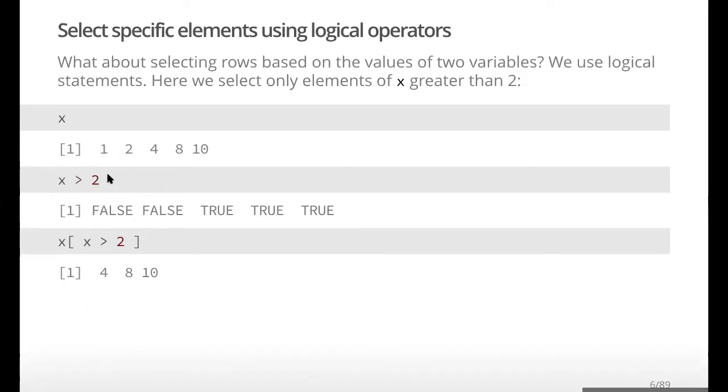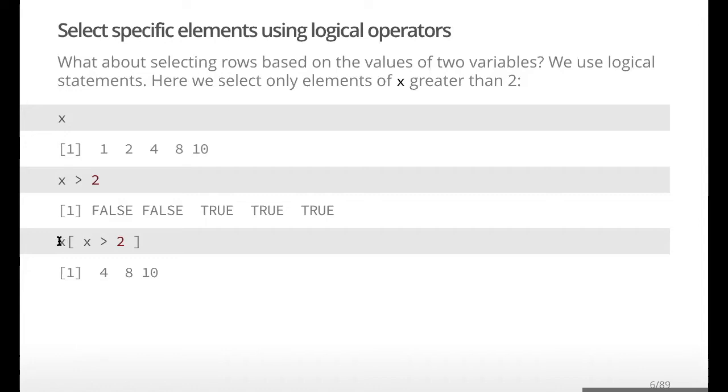If we say greater than or equal to, this element will be true because 2 is greater than or equal to 2. But we get a vector back with the same number of elements as the original vector x. So x was length 5, x greater than 2 is length 5, and we get trues and falses from that. We will talk about missing data in a second.